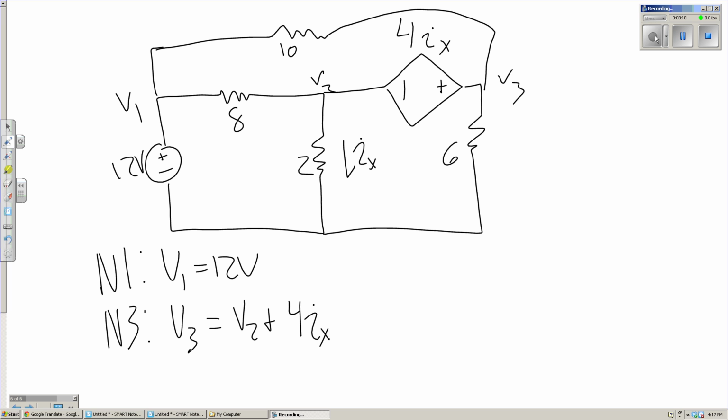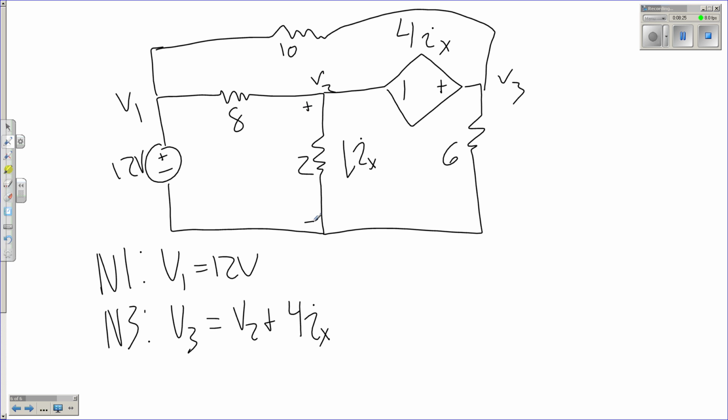And this Ix we can already put in terms of something else, right? This voltage drop. So Ix is V2 over R. R is 2. So we can replace this down here already. I'll just erase that Ix. V2 over 2.